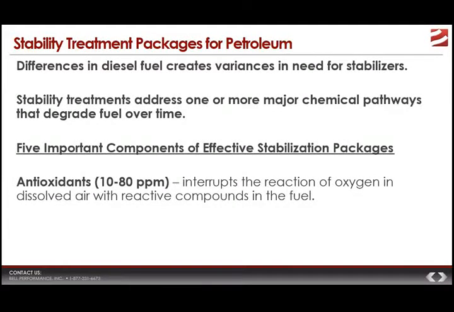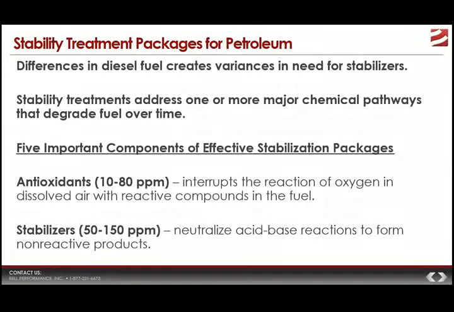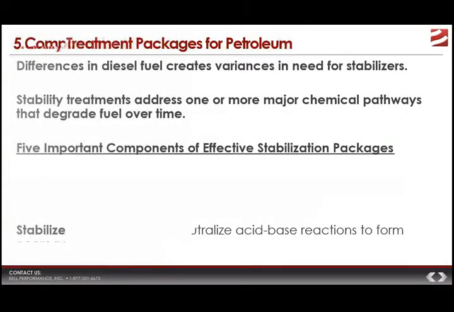First one is antioxidant. Antioxidant is the thing that addresses the exposure to air and the reaction of oxygen in the fuel. It needs to have a stabilizer. Now, by stabilizer, we've been calling this stabilizers, but really what we mean is something that neutralizes acid-base reactions in the fuel.